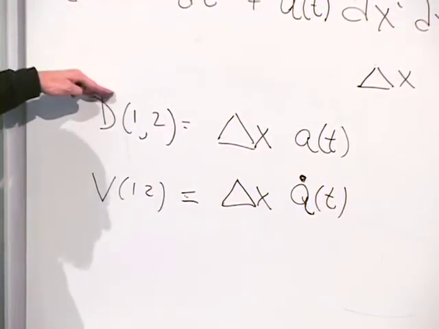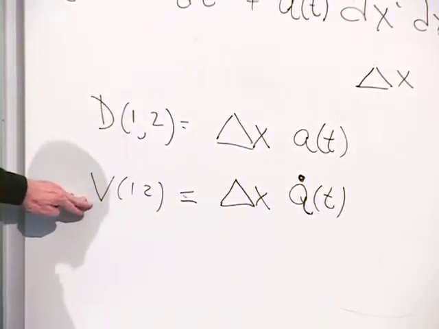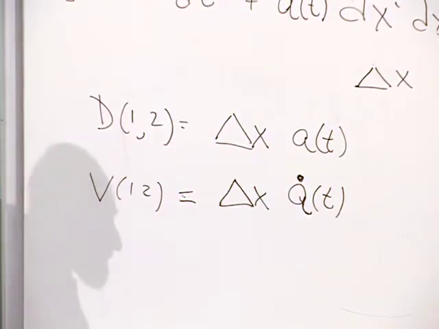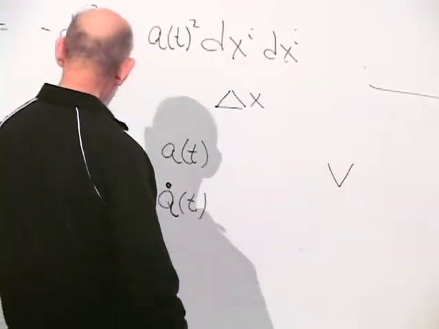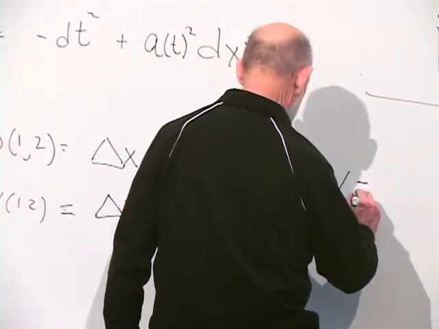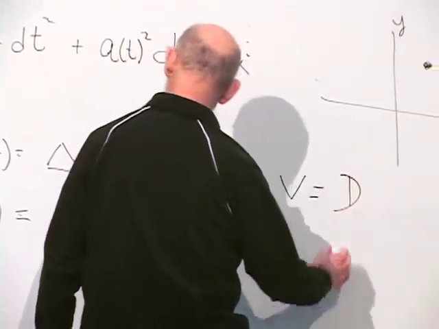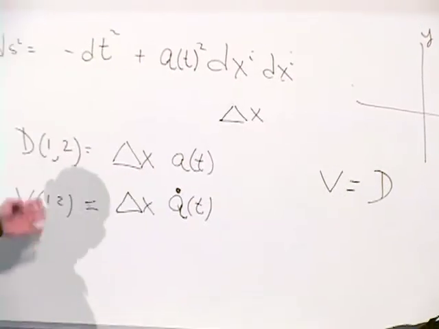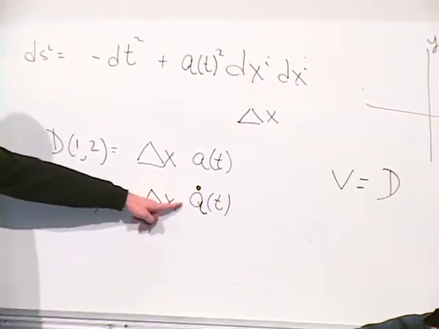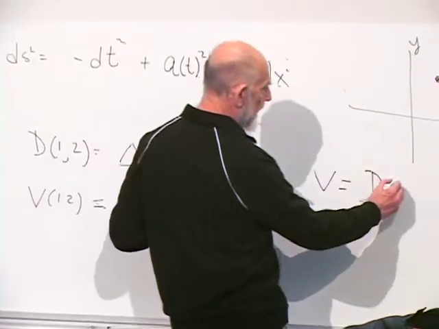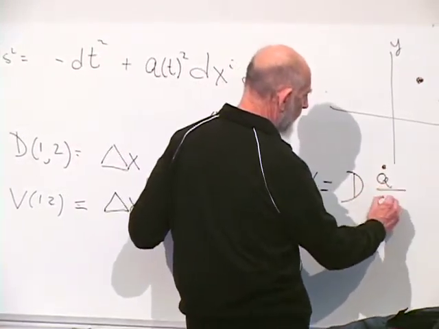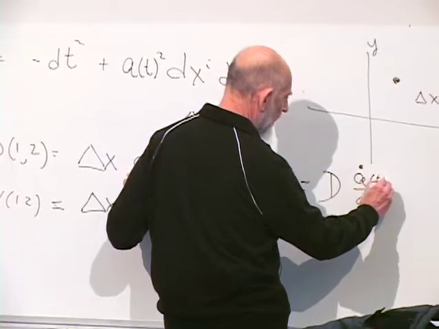Now let's consider the relationship between the distance between the points and the velocity between them. The velocity between the 2 points is given by the distance between the 2 points, but not quite. The velocity has an a dot, the distance has an a, and so there must be an a dot of t over a.